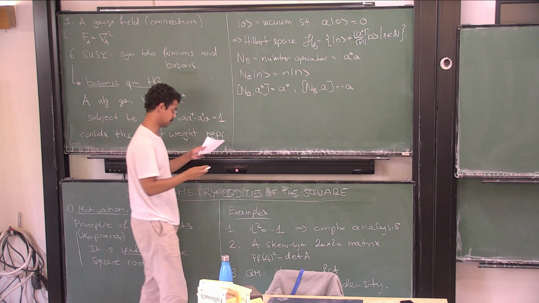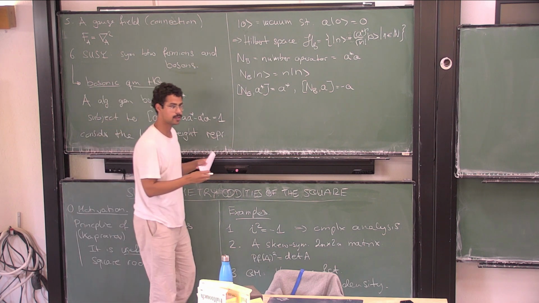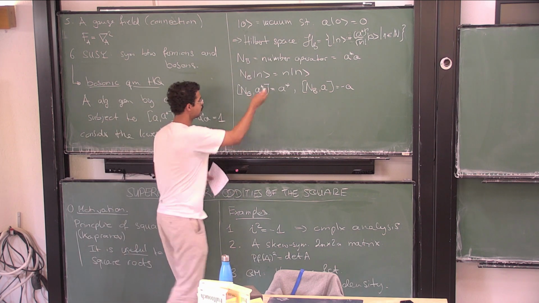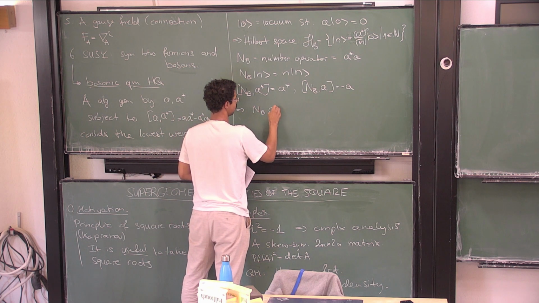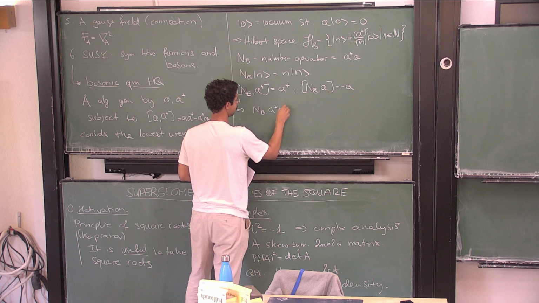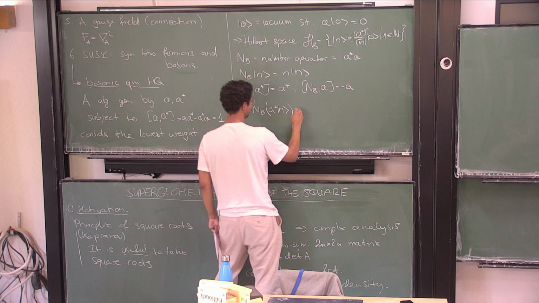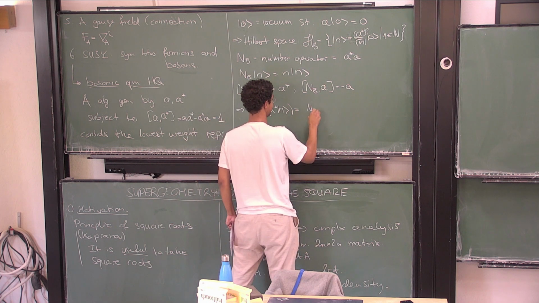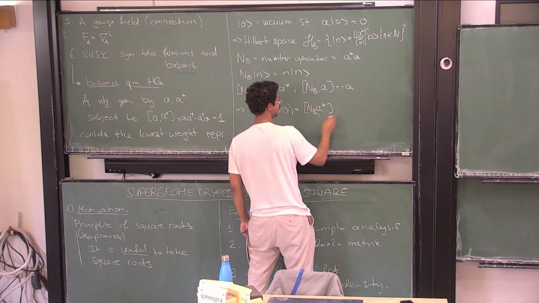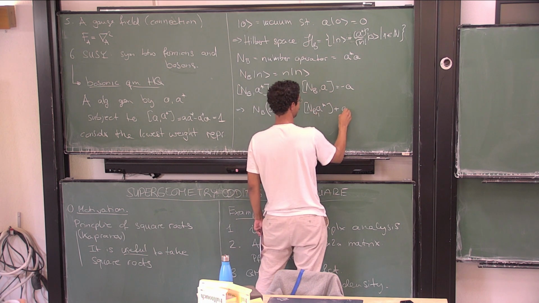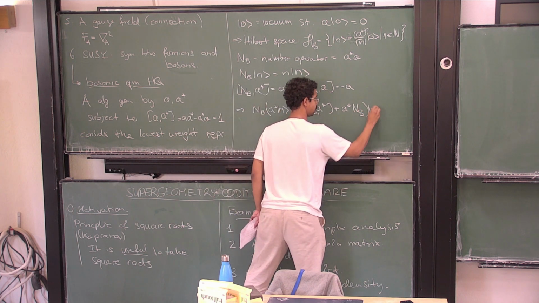Does this make sense? Roughly? You've maybe seen this, it's like the Fock representation. What I'm trying to say is, look at this: you have N_B A star, with the commutator, minus A star N_B, acting on n.